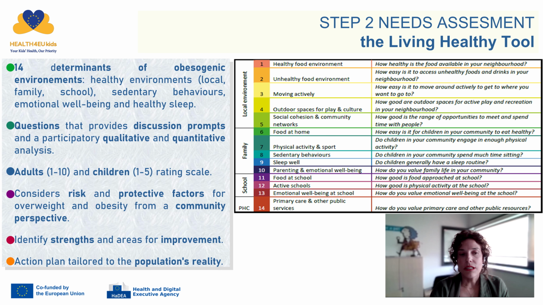Like this, we can consider the risk and protective factors for overweight and obesity from a community perspective, not an individual one. That is the reason why this tool has to be managed in a group of a minimum of 10 people, so you make sure that everybody shows their opinion and the discussion within the group is assured.